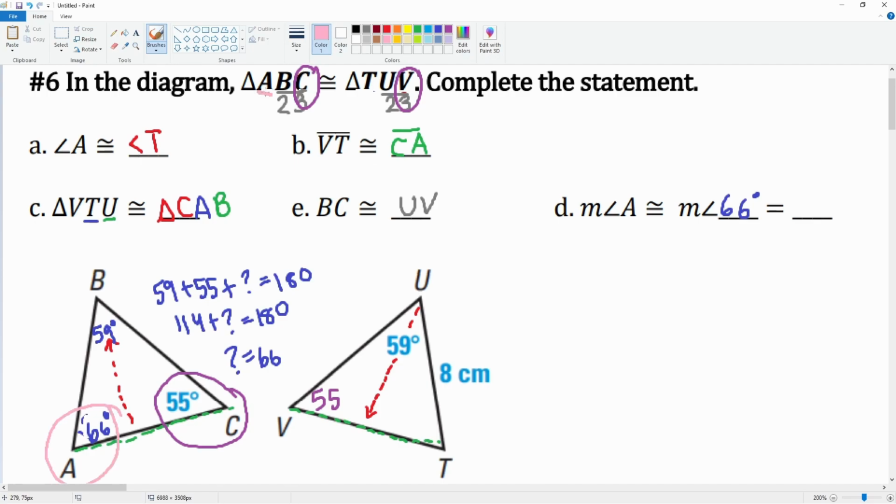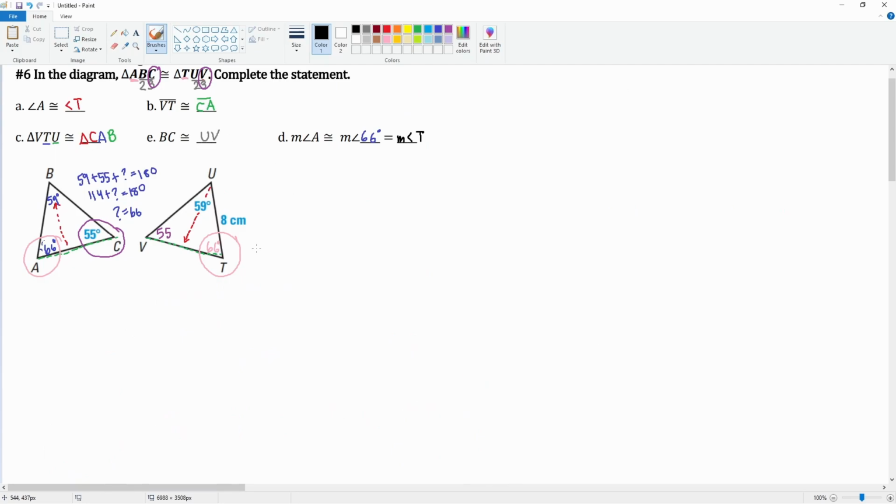Take a look at the A. It's the first spot. It's going to be matched up with the T here, which is also the first spot. So this is also going to be 66 degrees. So angle A is equal to the measurement of 66 degrees, which is the same thing as the measurement of the angle for T. They all have to be 66. So there you go. You have to use a bunch of ideas here to get all the missing values.